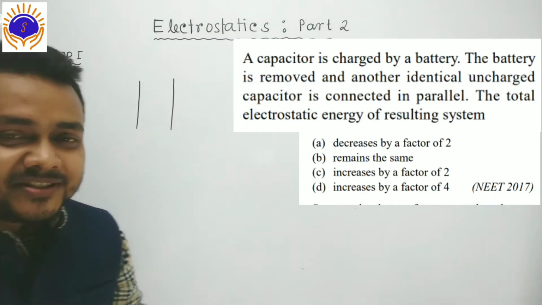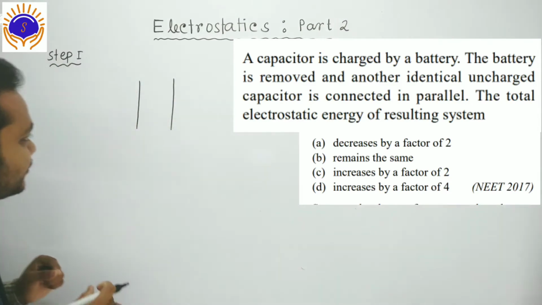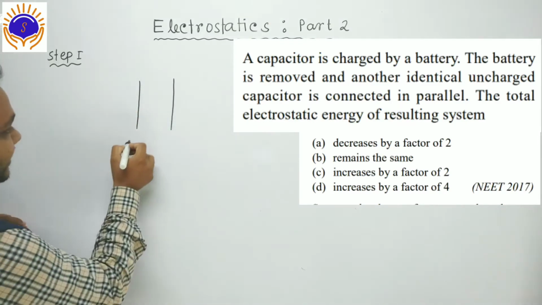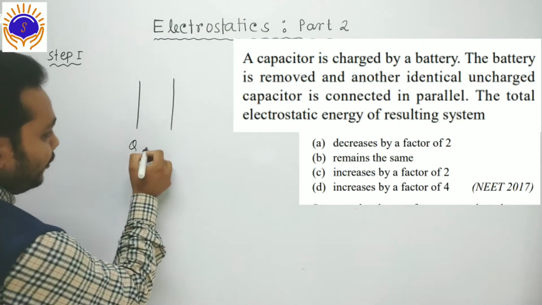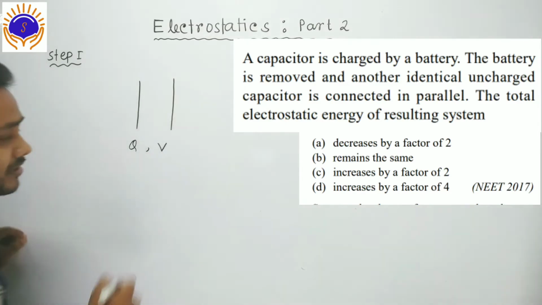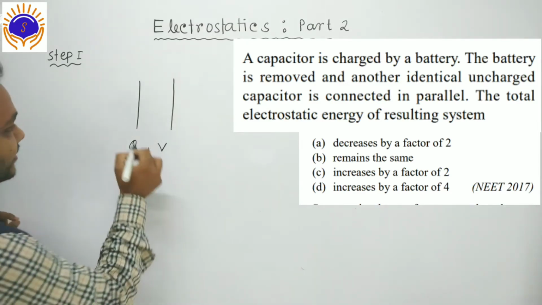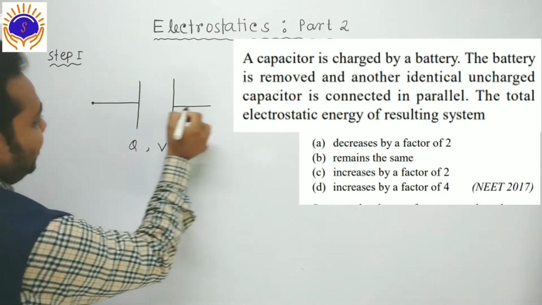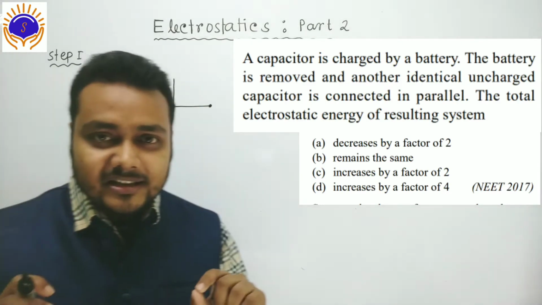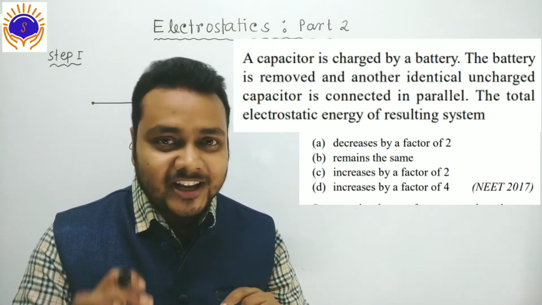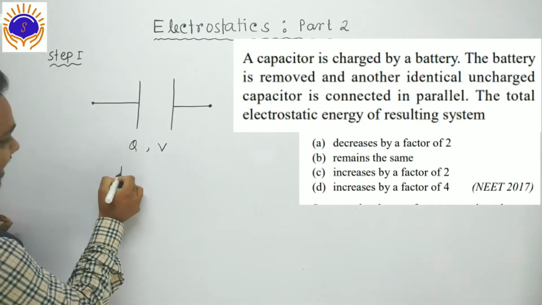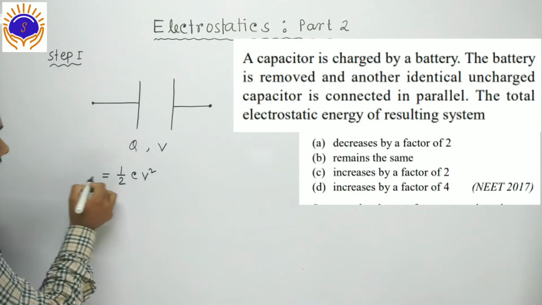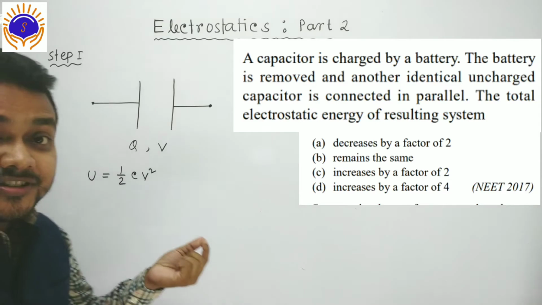When this capacitor is fully charged, suppose at that time the charge accumulated on the capacitor is Q and the potential difference between the plates of the capacitor is V. In this situation, the energy stored in the capacitor is half CV square, where C is the capacitance of the capacitor.